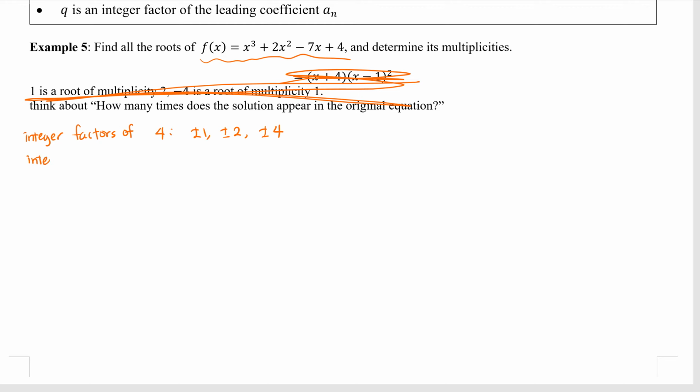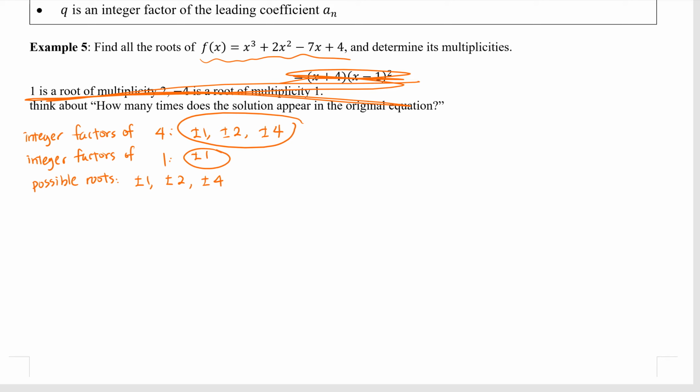And the integer factor of the leading coefficient is plus or minus 1. Then what are the possible roots? We use these numbers divided by that number. So plus or minus 1 over plus or minus 1 is plus or minus 1. Plus or minus 2 over plus or minus 1 is plus or minus 2. Plus or minus 4 over plus or minus 1 is plus or minus 4.